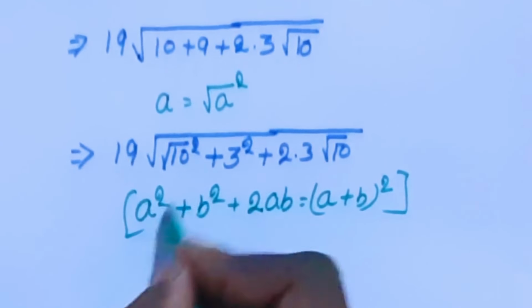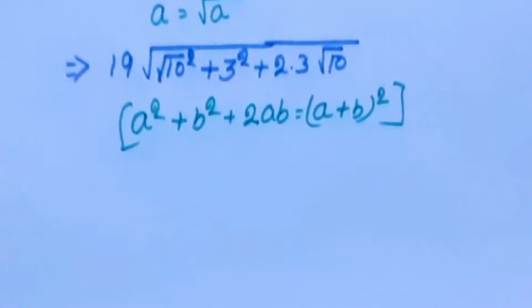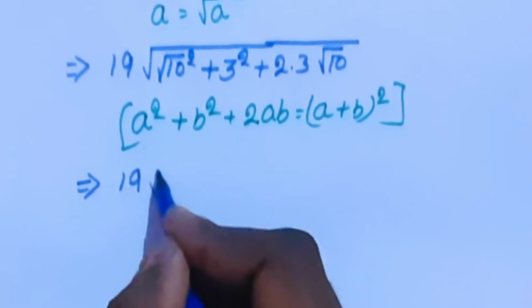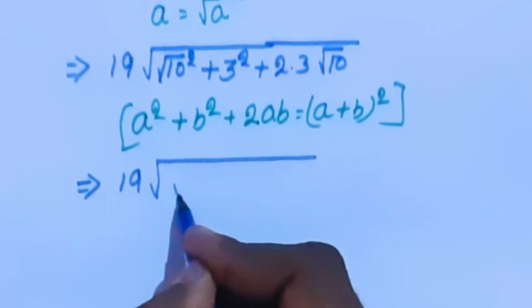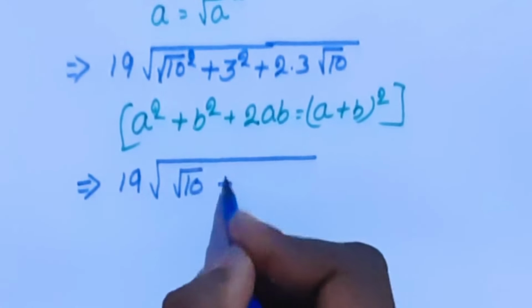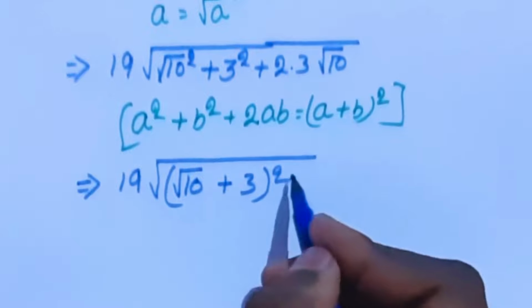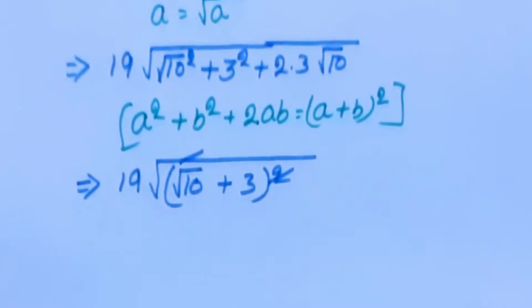This formula we are going to apply here. So we'll get 19 square root of 10 plus 3 whole square. Now the square and square root will cancel each other.